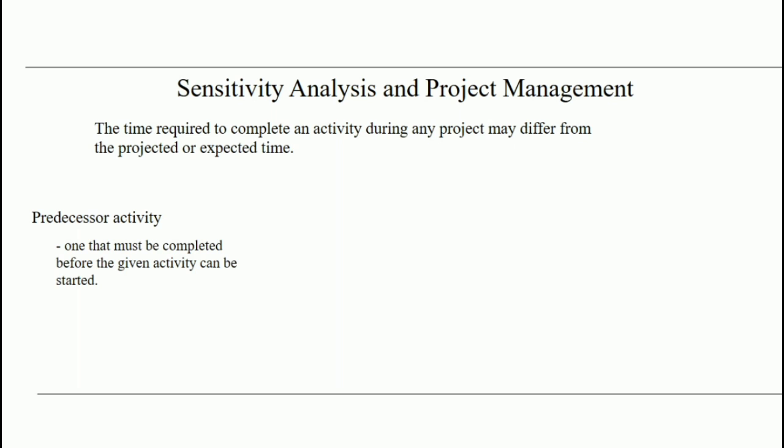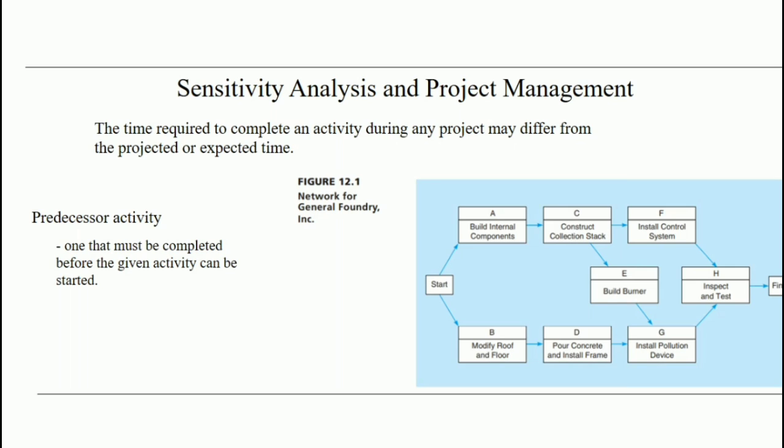A predecessor activity is one that must be completed before the given activity can be started. In the previous section, we defined an immediate predecessor activity as an activity that comes immediately before a given activity. Consider activity G, installation of the pollution device.